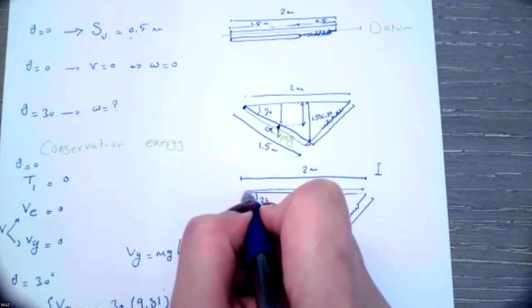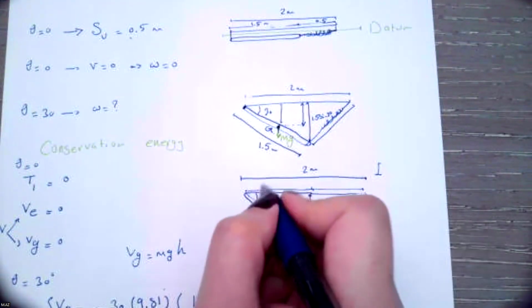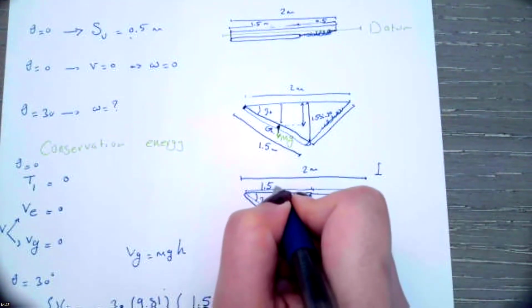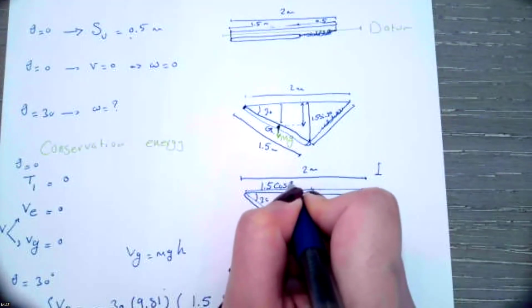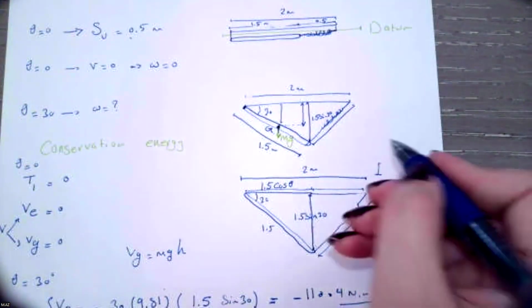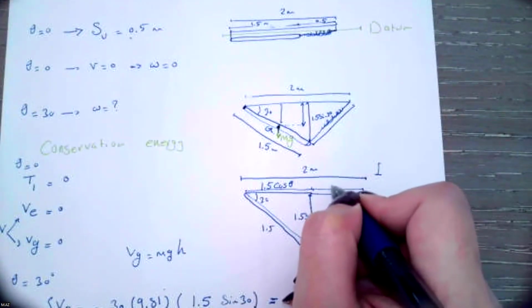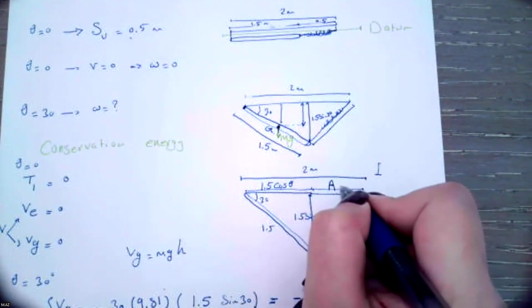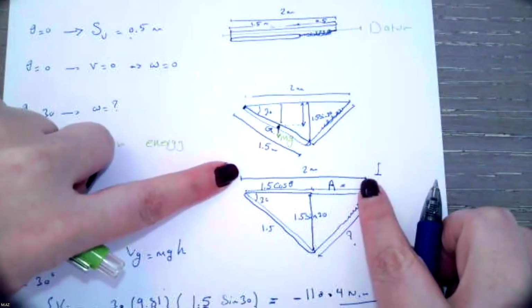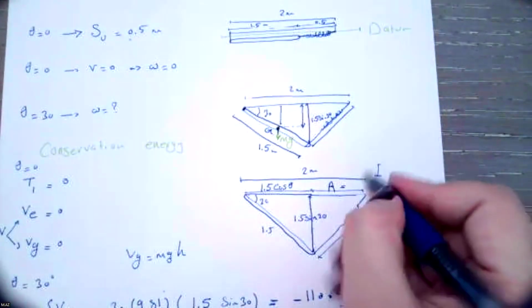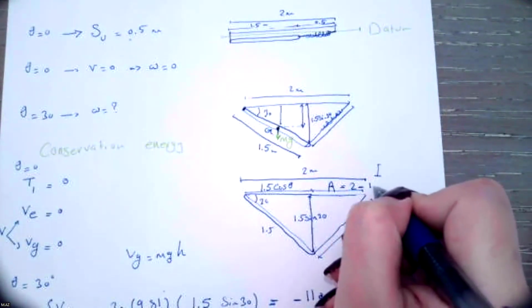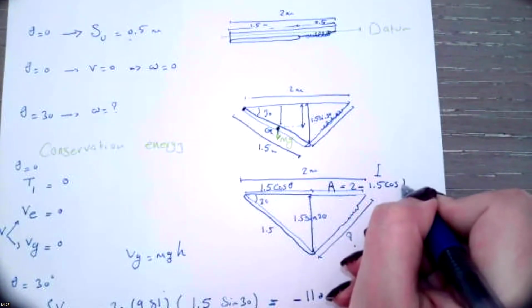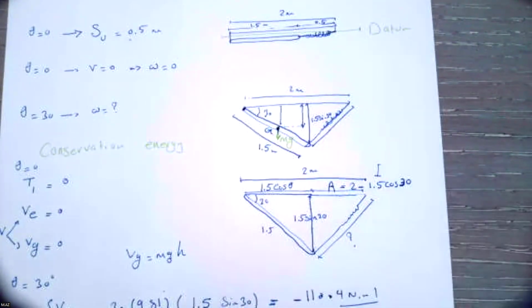How about here? It is 1.5 next to the angle, cosine theta. For this reason, this side, which I call A, is 2 meters minus 1.5 cosine 30.